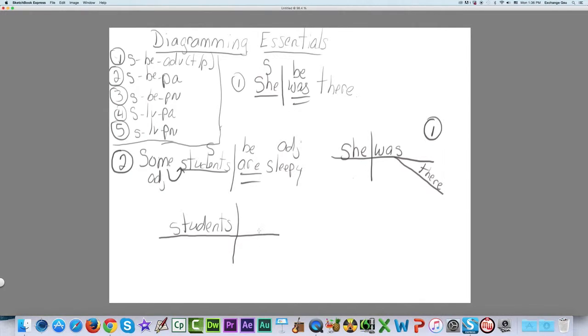I draw my line that separates my subject from my predicate, put my be verb, and then I have to draw this diagonal line, this slanted line, and some people call it an upper diagonal, that separates my verb from my finished sentence here, which is an adjective, "sleepy." So this is my predicate adjective, "sleepy."